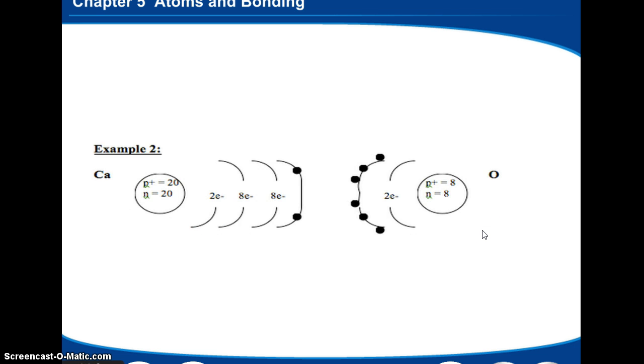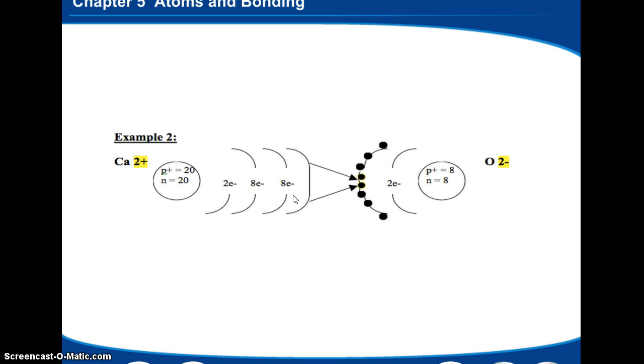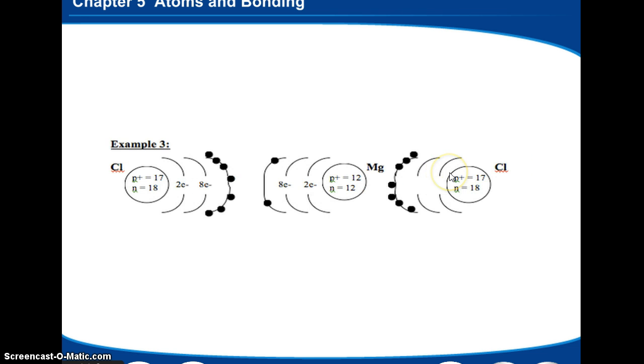Now if I had something like this, calcium and oxygen, oxygen only has 6 electrons in the outer level. Calcium has 2 to give away. They move over, leaves calcium with the 2 plus charge because it has 2 more protons than electrons, and now oxygen has a 2 minus charge because it has 2 more electrons than protons.